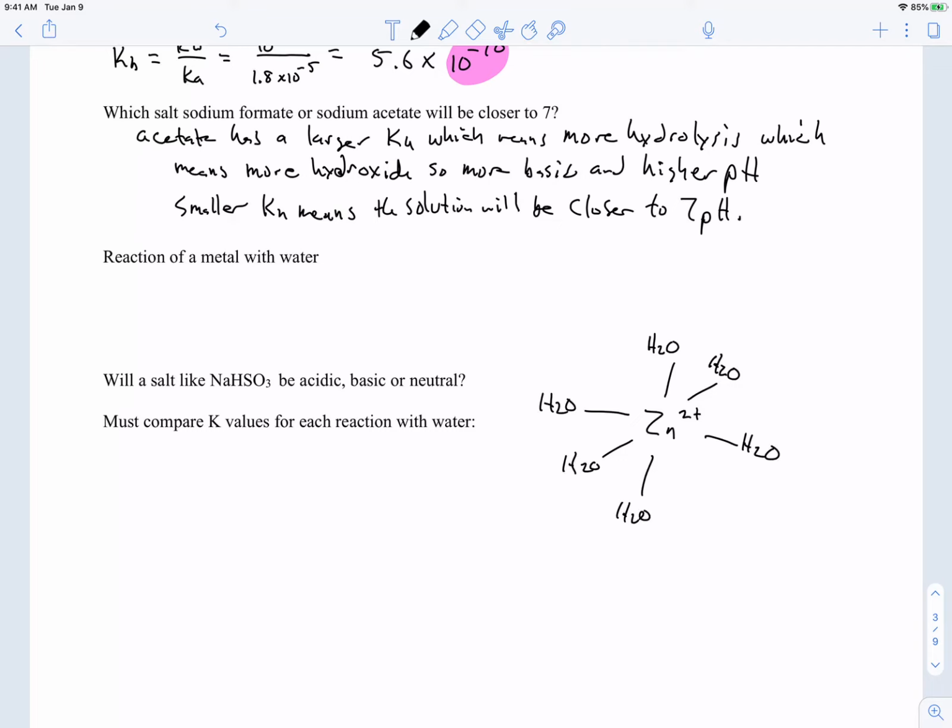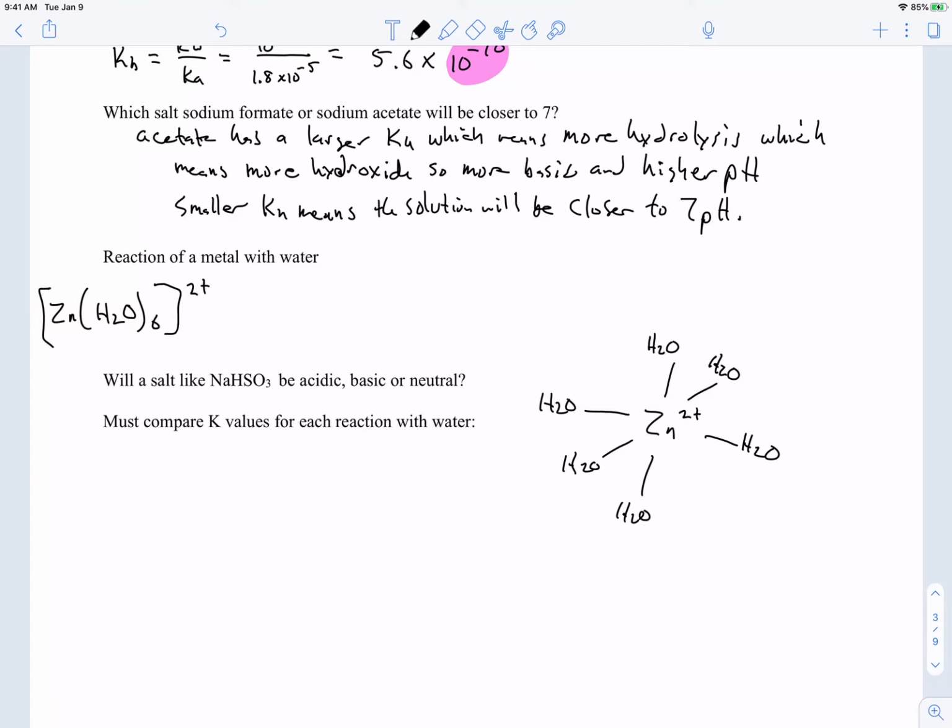So when zinc ions are placed into water, this is what's formed. It's called a complex ion. It's not just zinc ions by itself. It's zinc surrounded by 6 water molecules. So what we end up with is something like this, Zn(H2O)6. It's a big complex, and it's charged.